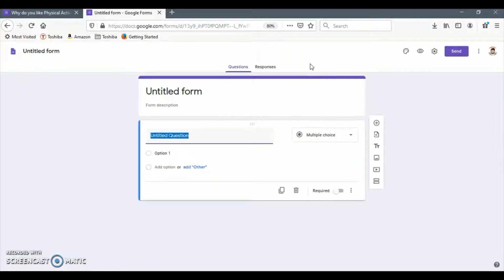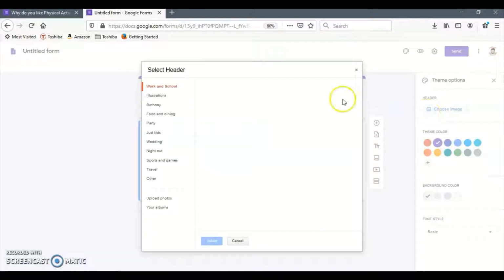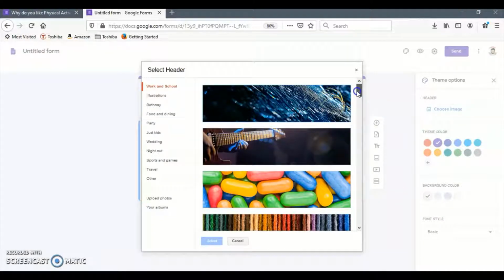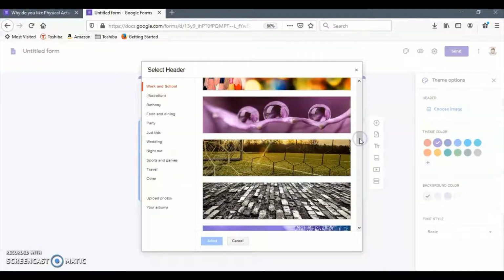Here, I started by thinking about how I could customize it. So I went up here, and here you can choose your header, theme color, background color, font style. For a header, I knew I was working with physical activity, so I wanted to have a sport image of sort. So I used this one.